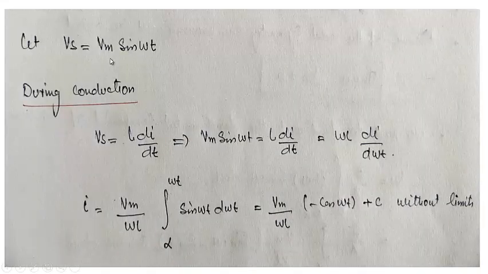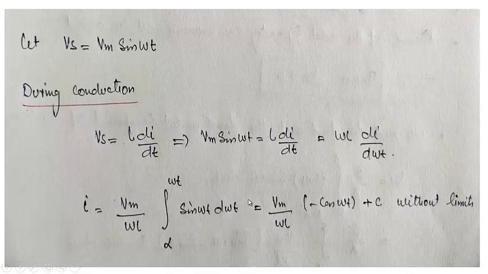So let Vs be equal to Vm sine of omega t, and during conduction we know that Vs will be directly applied to the inductor, so it will be equal to L di by dt. So Vm sine of omega t, because Vs is equal to this, will be equal to L di by dt. So let us multiply and divide by omega on both sides. It will be omega L di by d omega t.